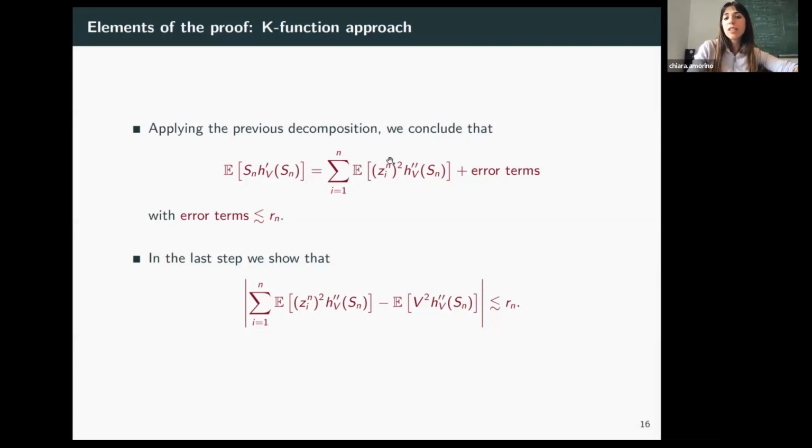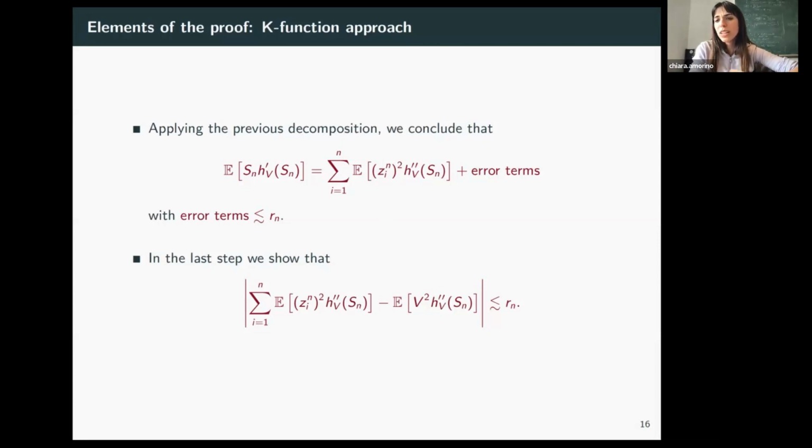But if this is the main term, here you have basically something that is almost the proof. It's just that instead of having this Zi, you want to obtain the real variance. But this is finally going to be just some kind of Riemann approximation.